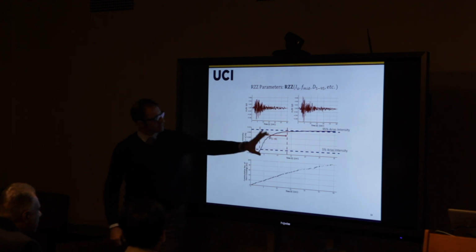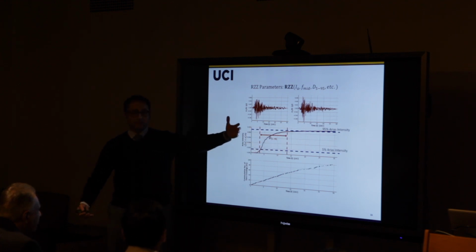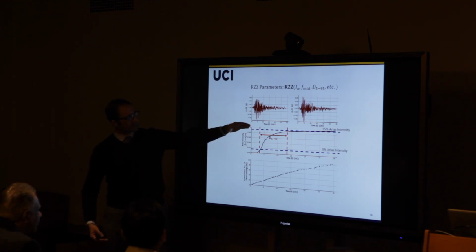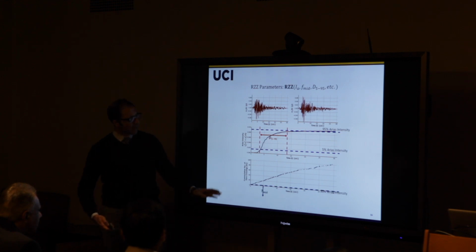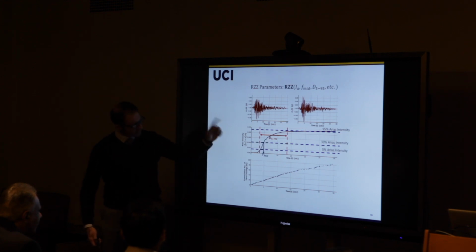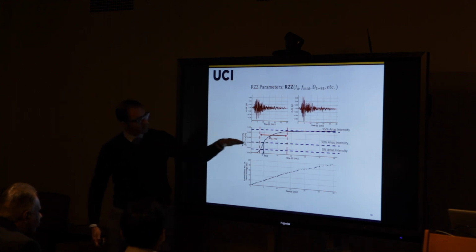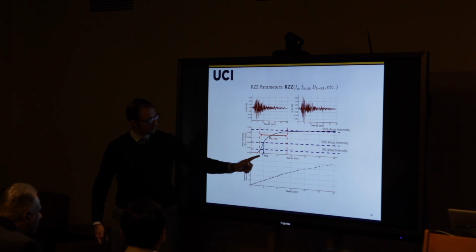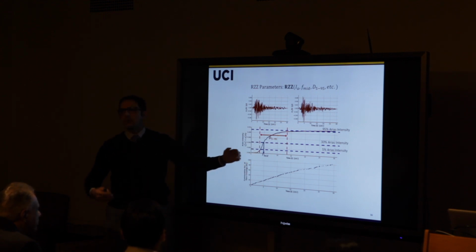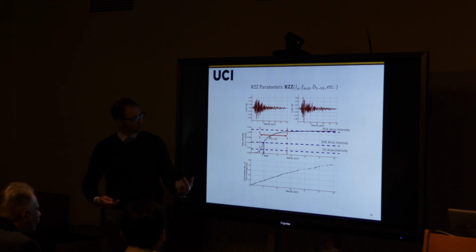Once it's completed, I'm talking about the RZZ parameters, the parameters that I want to use for validation. Arias intensity, duration. I'm going to fit, okay, I need to talk about this T-mid, coming to the 30% Arias intensity and marking this timestamp. This basically says what is the time that you are in the middle of the strong motion.